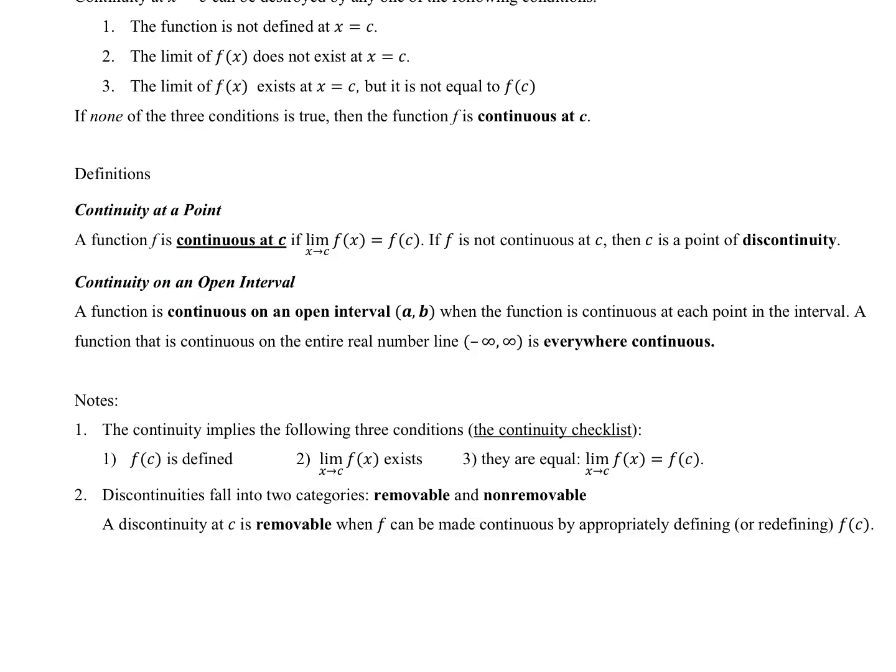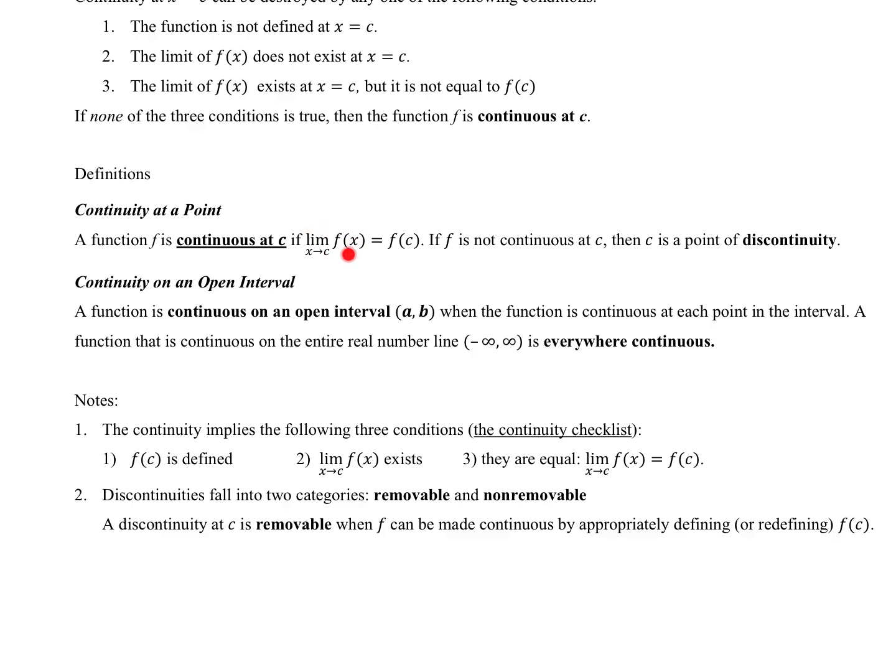Now, the continuity definition implies the following three conditions. First of all, we see that in this definition, there's an f of C, right? That means f of C is defined. Second, in order for you to have continuity at a certain point C, the limit must exist.